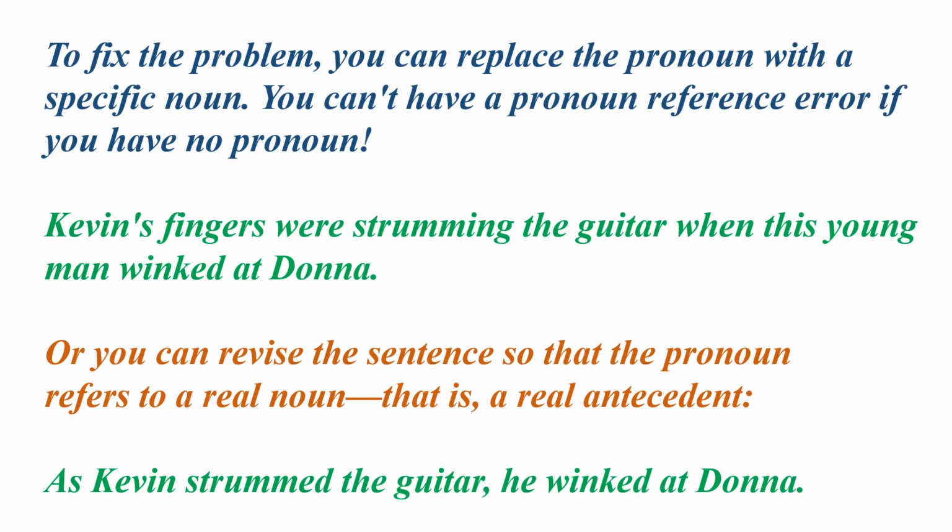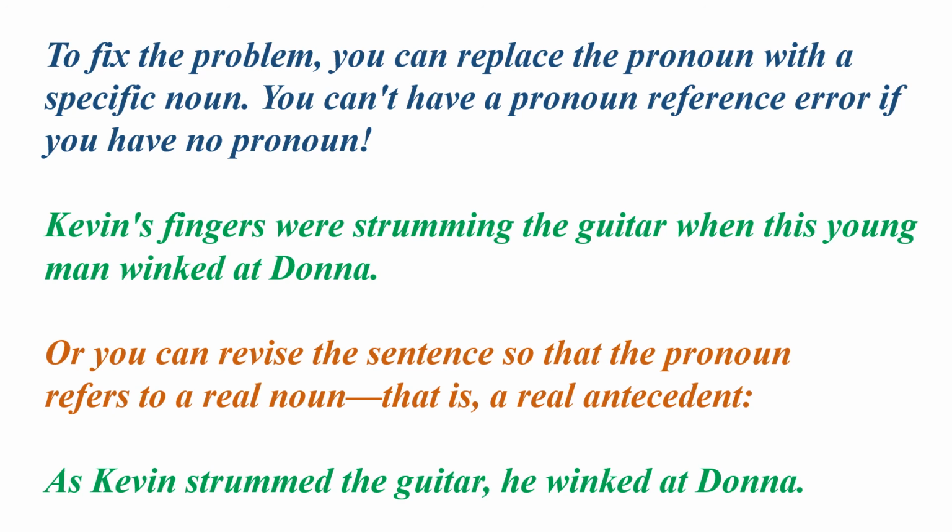To fix the problem, you can replace the pronoun with a specific noun. You can't have a pronoun reference error if you have no pronoun. That means, as I mentioned several times, if your pronoun cannot make the sense clear, you have to use a noun. If you don't have any pronoun reference, there will be no error regarding pronoun reference.